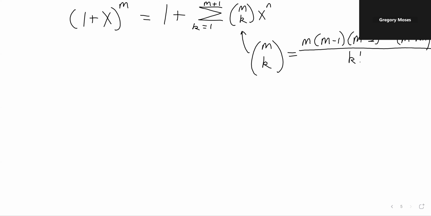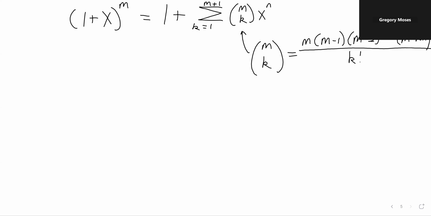And if m is not a positive integer, then we can keep going forever. This no longer terminates, and it becomes an infinite Taylor series. But it's still perfectly true that 1 plus x to the m equals this sum.